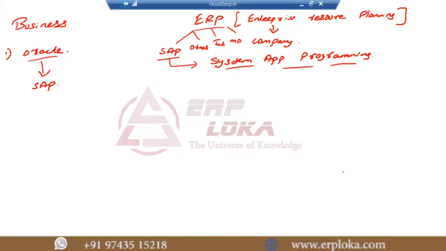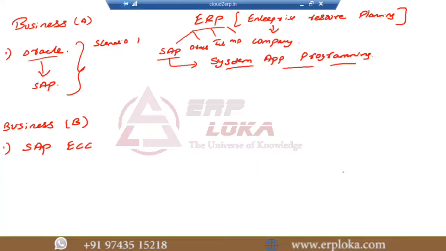This is scenario one. The other, this is business A and this is business B. In business B, they are already using SAP, but they are using SAP ECC.